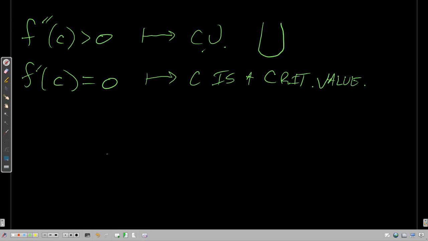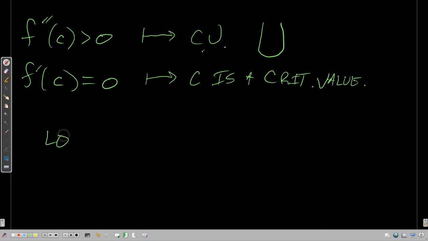Maybe it tells you that there's a horizontal tangent line. Or actually, you know what this says? This says that this is that special interpretation of the second derivative test, right? If you check the concavity at a critical value, then you know if you have a local max or a local min.